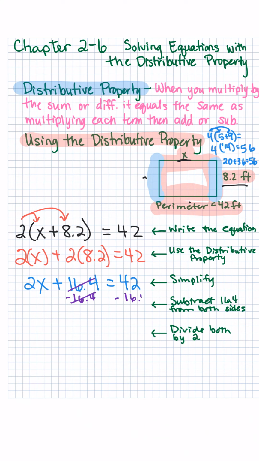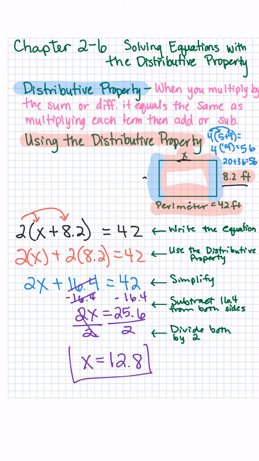Subtract 16.4 from this side, that's going to leave us with 2x equals 25.6. So then we divide both sides by 2. That crosses out. And we are left with x equals 12.8. So that's the size of x.